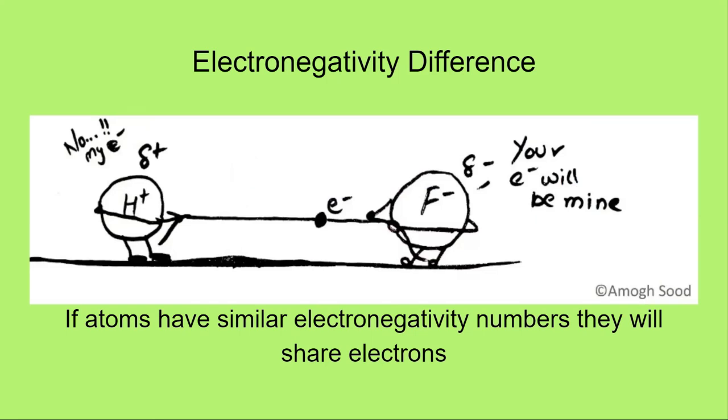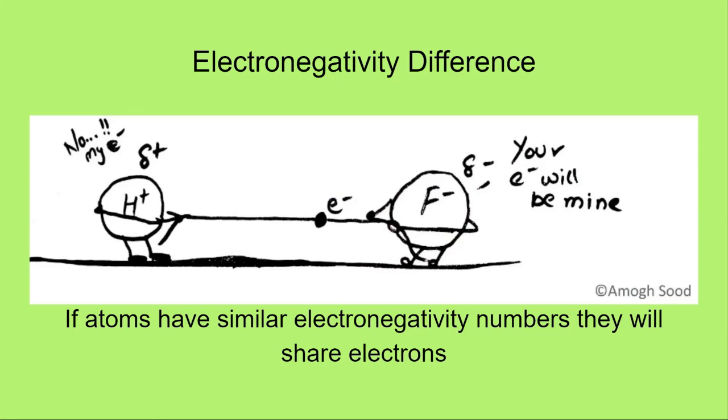So we have just noted that if you take a covalent bond between 2 nonmetals, and those atoms have similar electronegativities, they'll share very equally because they both have an equal amount of pull. But if they have very different electronegativities, you're going to see them not sharing equally.